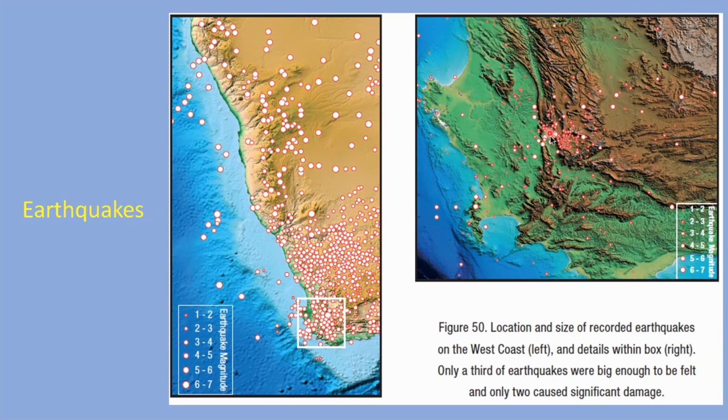One was in Tulbagh here, and the other one historically was along the Milnerton Fault up there. As I mentioned, we do have a record of earthquakes, and this shows the earthquakes recorded by seismometers through to today.